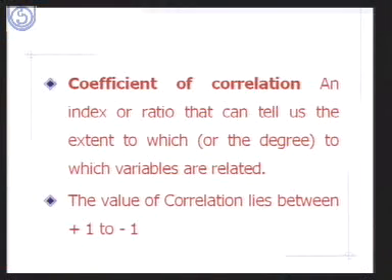And the third question is, what's the magnitude of the relation? Means, as you have seen in the definition itself, what is the degree, what's the extent of relationship? To answer this, we generally calculate the coefficient of correlation.